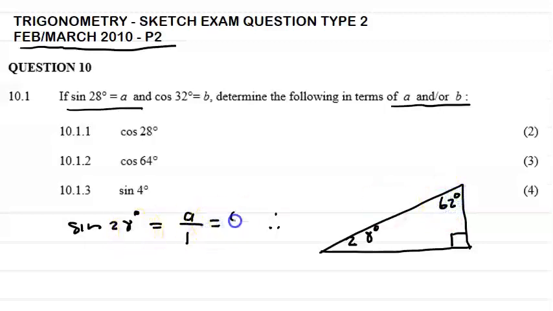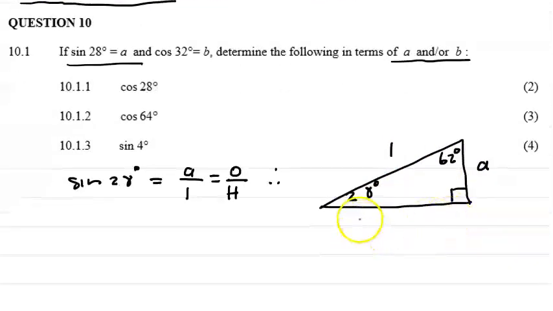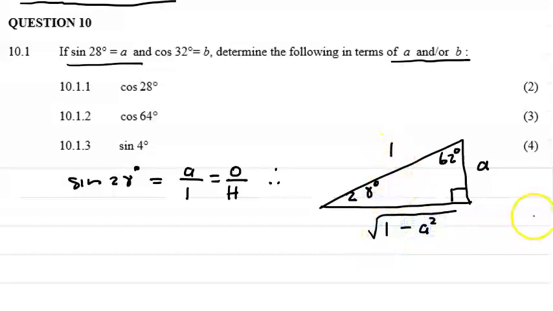Remember, sine is opposite over hypotenuse. So therefore, the opposite side is going to equal A. The hypotenuse is going to equal 1. And the adjacent side will be, using the theorem of Pythagoras, the square root of 1 squared, which is 1, minus A squared.